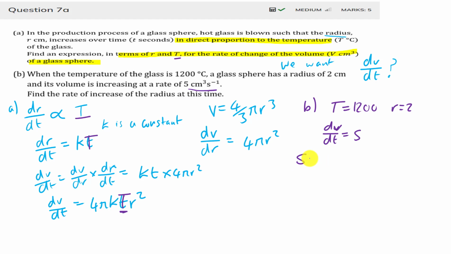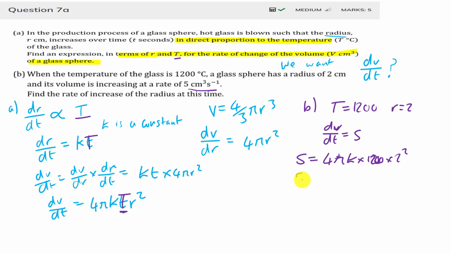So 5 must equal this 4 pi k, and we have what T is now, so we can just write times 1200, times 2 squared.